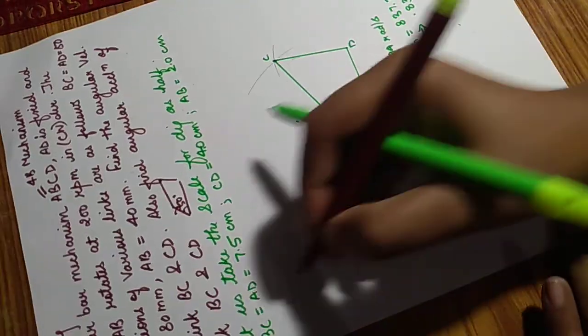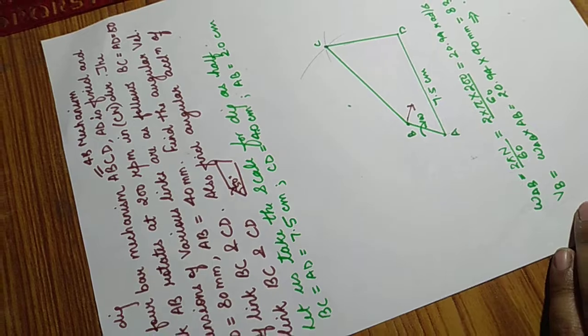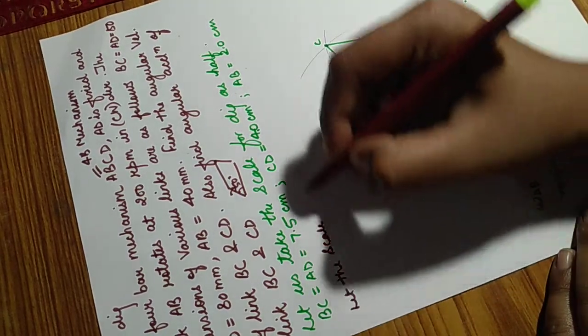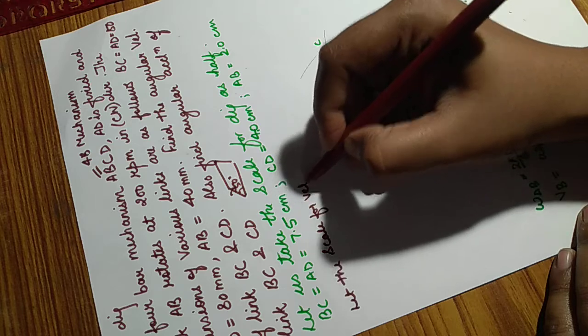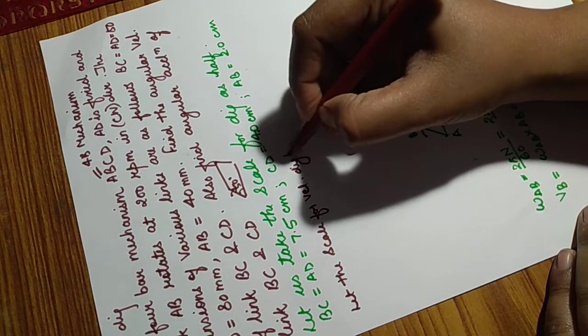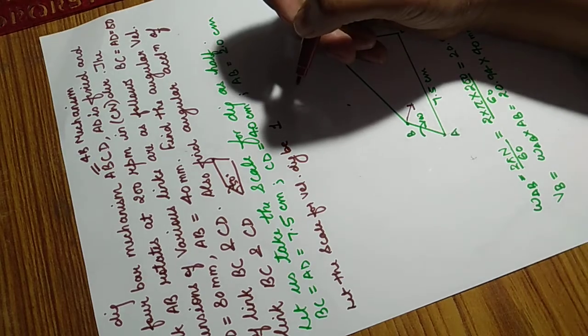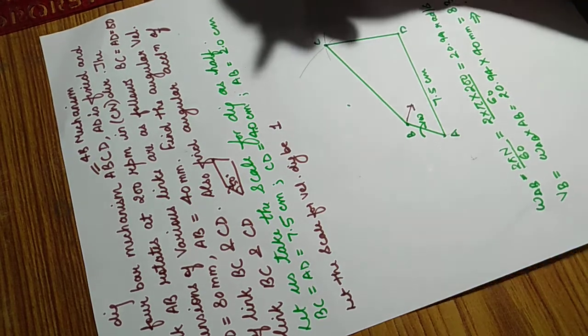To make a velocity diagram, let the scale for the velocity diagram be... let me make it smaller, it is easy to make it smaller twice.